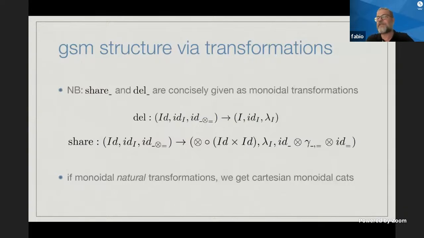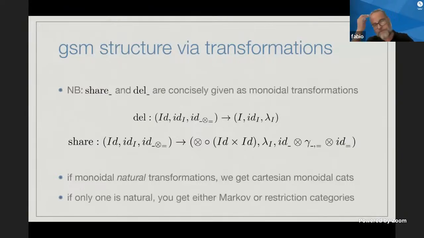That's to say, we get Cartesian monoidal. So being Cartesian or not actually depends just on naturality of this transformation. And if, for example, del is natural, then you get a Markov category. If share is natural, then you get restriction categories.